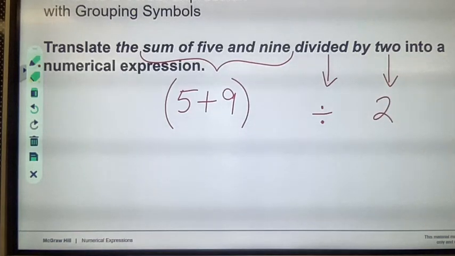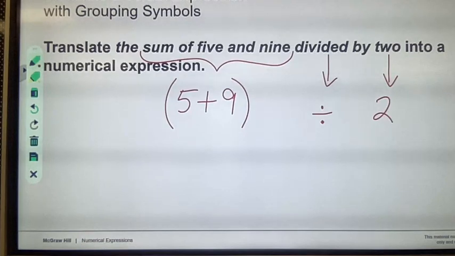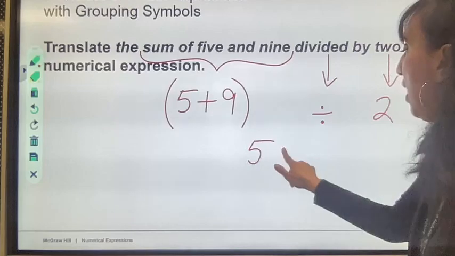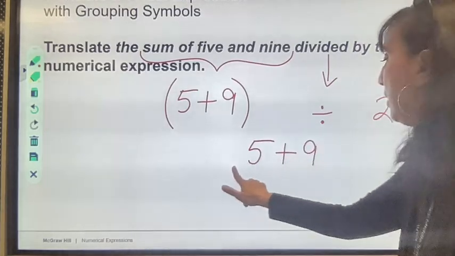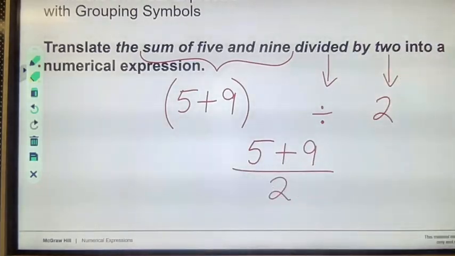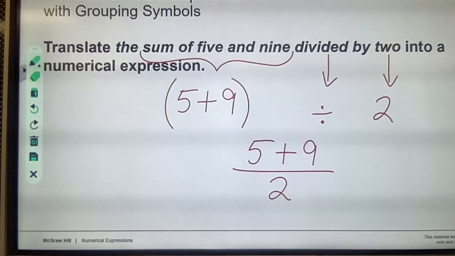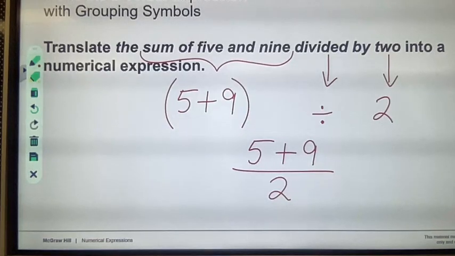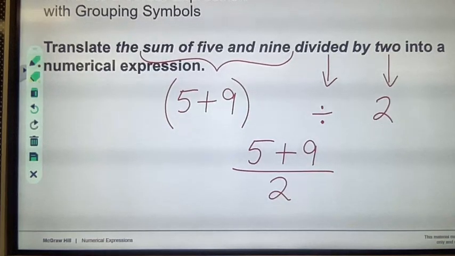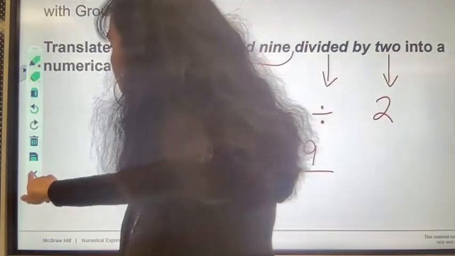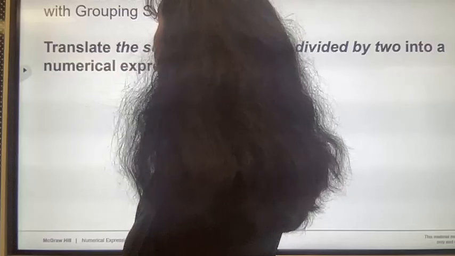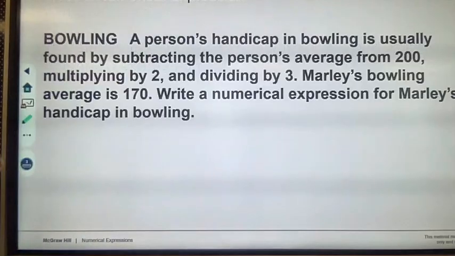So what is the translation of this? Translation is going to be 5 plus 9 divided by 2. And this is my expression written out.